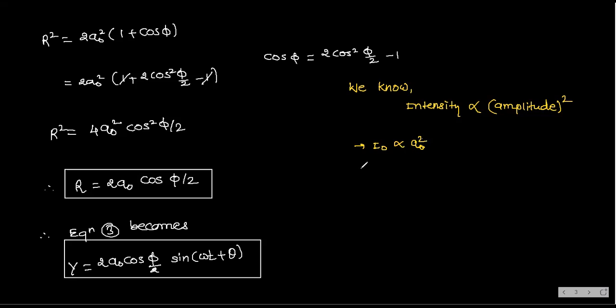And if I want resultant intensity, then it is directly proportional to R square, right? So what is R square here? R is resultant amplitude.